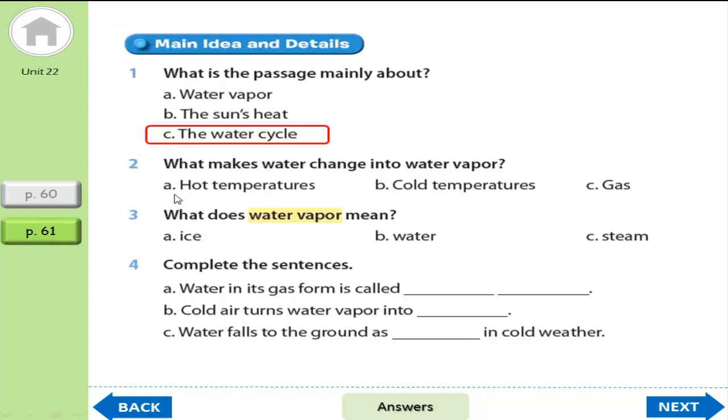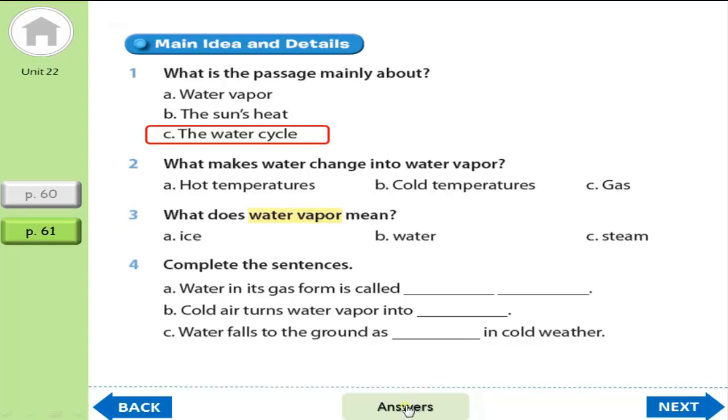Is it A, hot temperatures? Is it B, cold temperatures? Is it C, gas? So which one is the correct answer? What makes water change into water vapor?